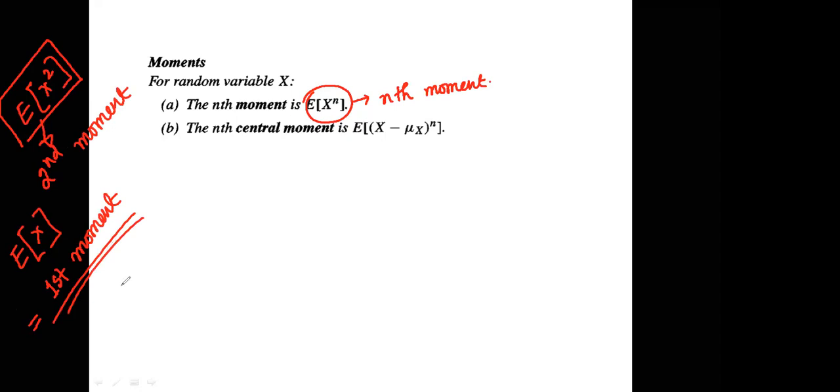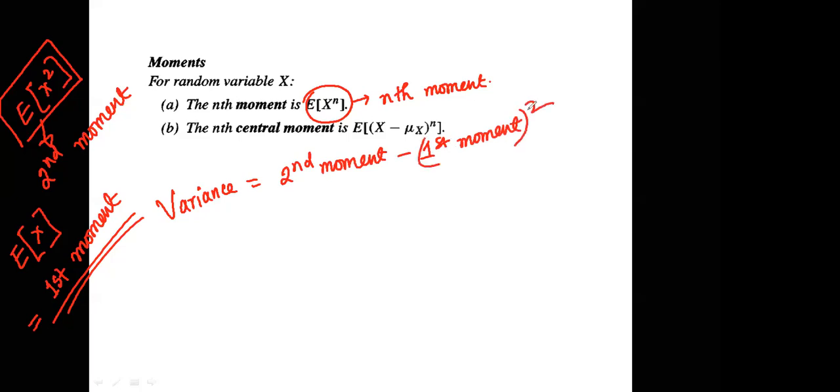So can I say that the variance equals the second moment minus the first moment squared?